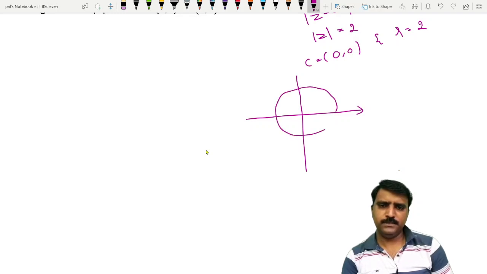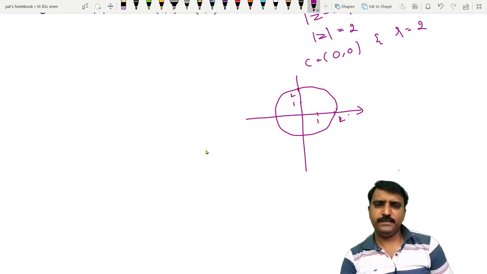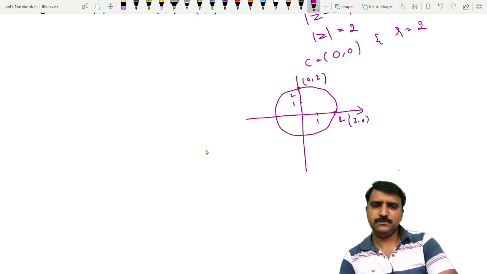So let us assume it is a circle. Suppose this is the point 1 and this is 2. This is the point (2, 0) and this is the point (0, 2).